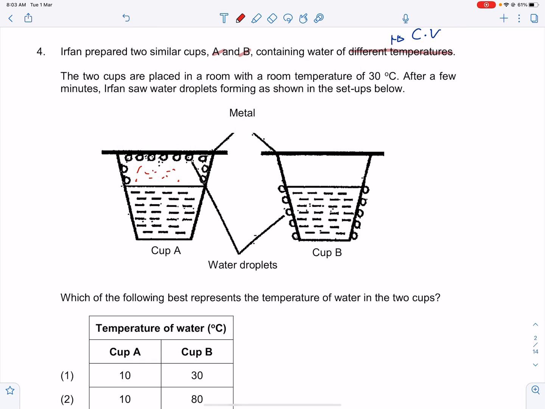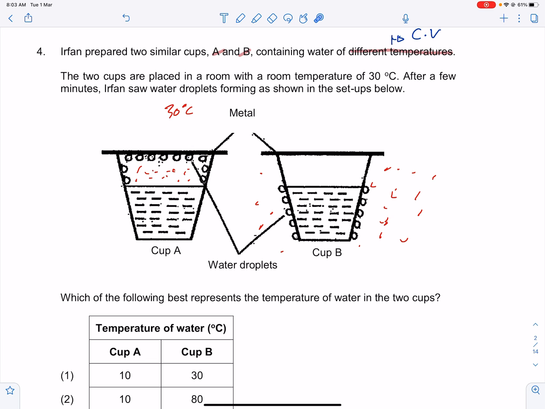So cup A probably has a higher temperature than 30 degrees Celsius, the liquid in cup A. And then for cup B, as you can see, the warmer water vapor is probably at the surrounding. So when it touches the cooler surface over here, it condenses on the outside. And the opposite is true for cup A, whereby the warmer water vapor is actually inside the cup. So when it touches the cooler surface, it will condense inside.